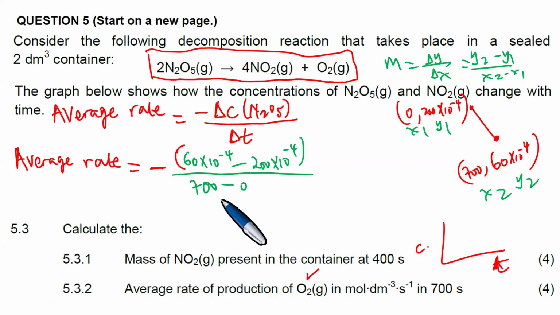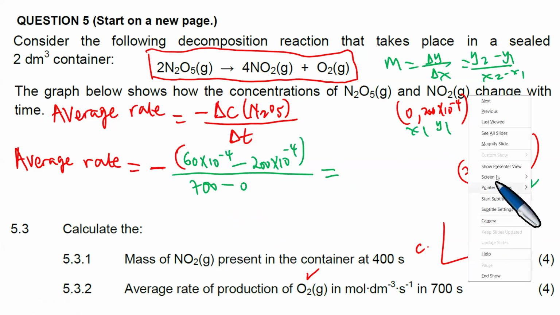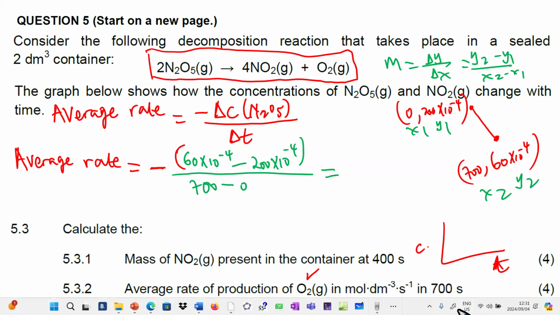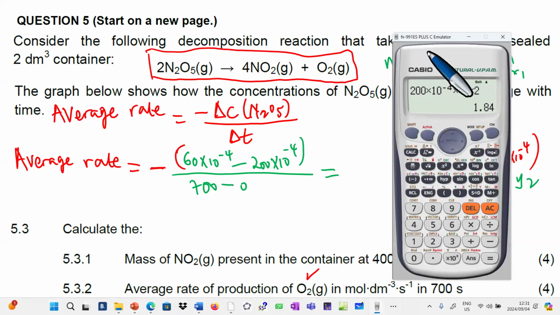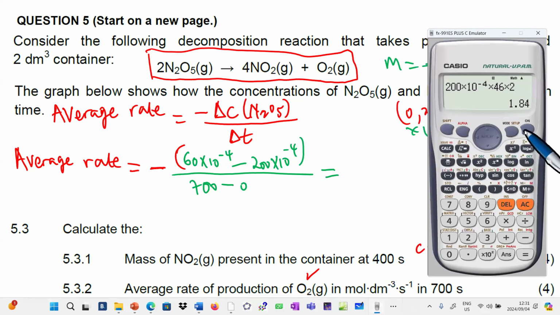Let's use our calculator very quickly. At this point, if you want, you can already put a negative in front, like this.